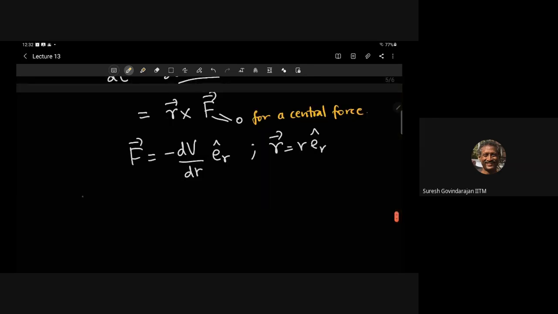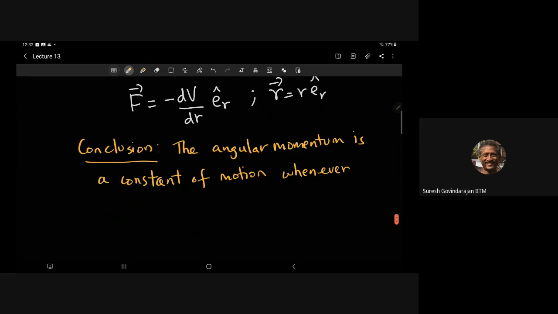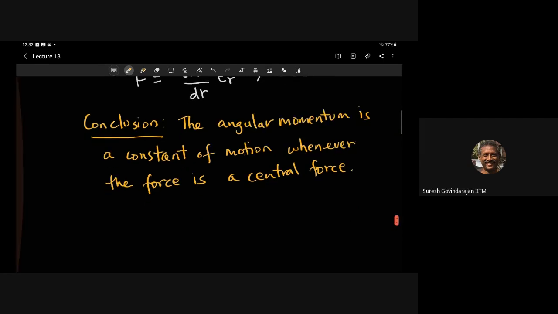So the conclusion: the total angular momentum is a constant of motion whenever the force is central. Is this point clear? Yes, sir.